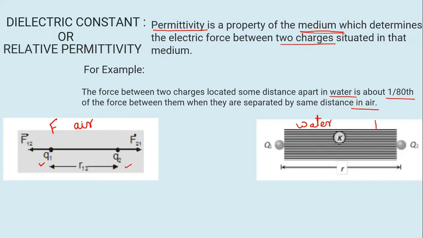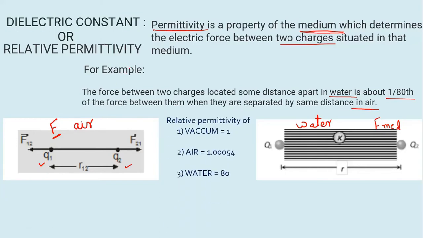So now whatever force is acting between them in water will be 1/80th of the force which was present earlier between them when they were in air. That means the force is reduced. That means whenever the charges are placed in a medium, the force will be reduced.